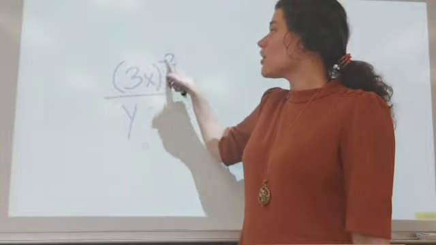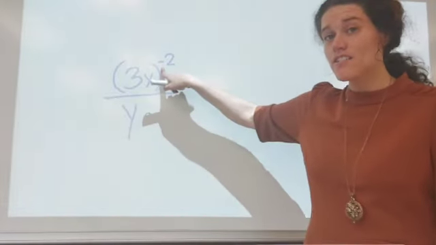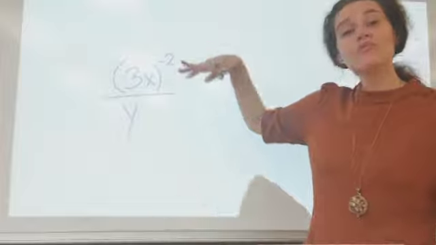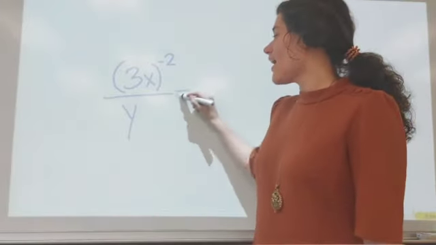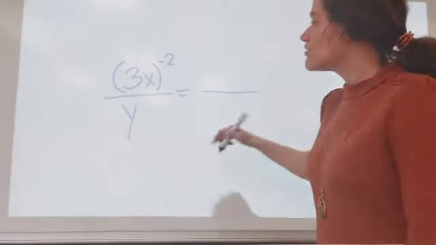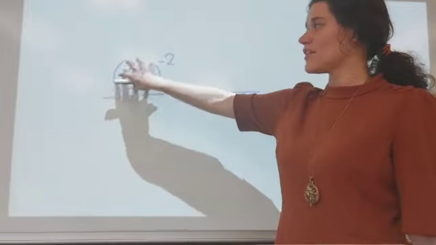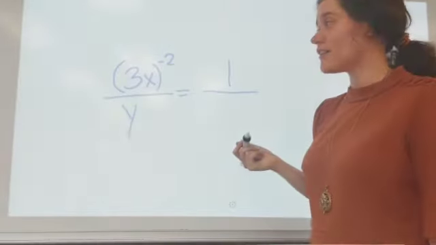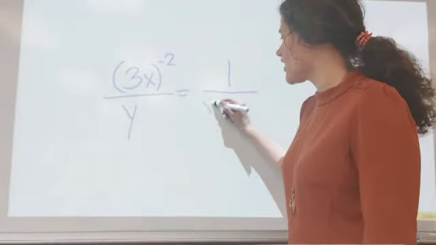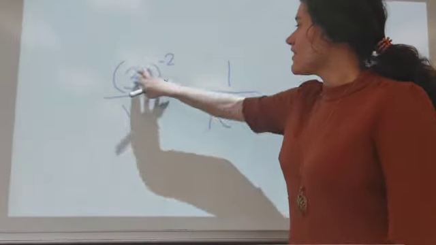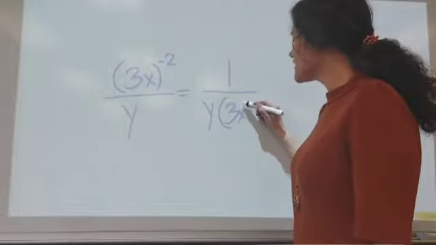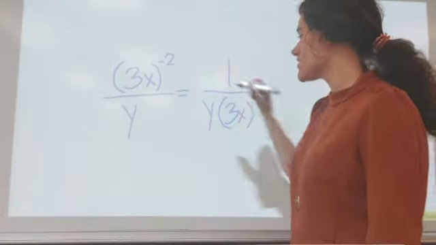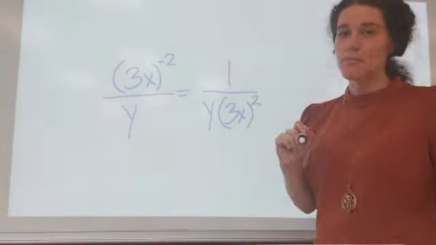So when you are trying to change this to a positive exponent, you have to move the entire thing, everything in parentheses. So nothing gets left up here. This whole thing is going to move down. So we'll just have a 1 up there, and then this y is here, and then the 3x, I'm going to leave it in parentheses.